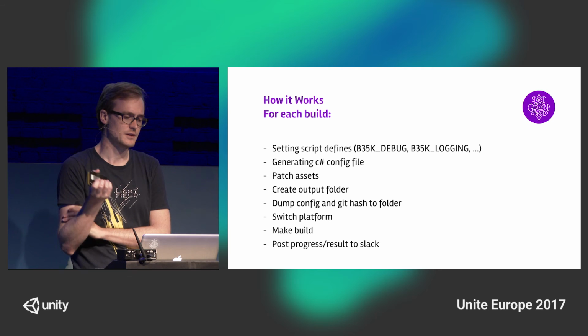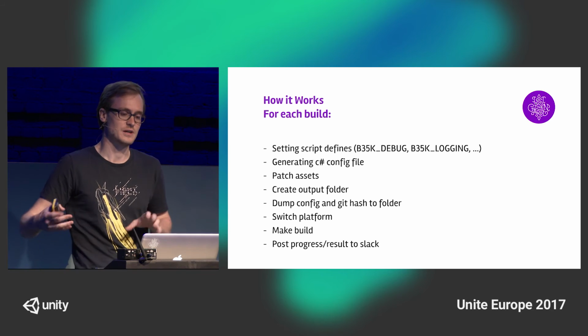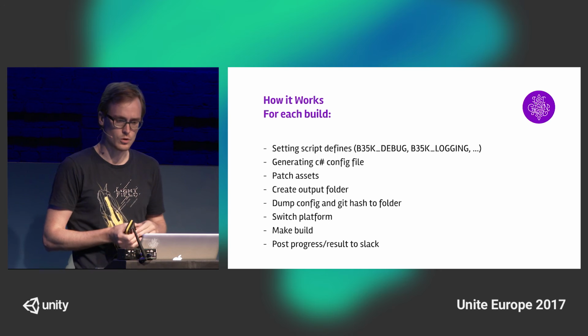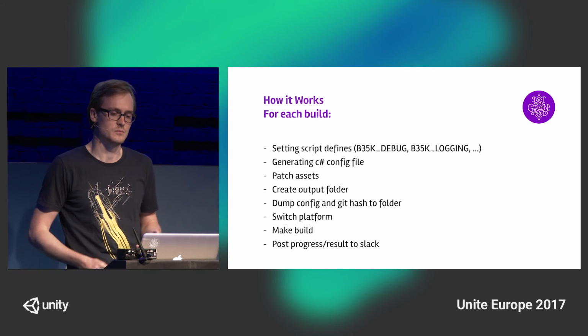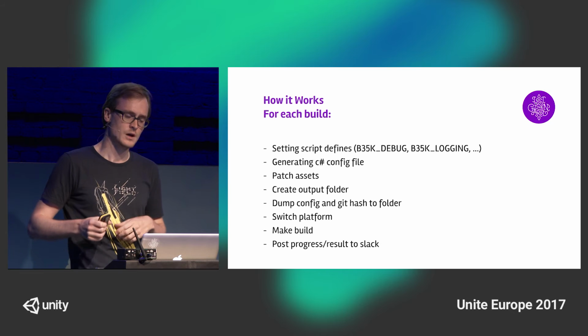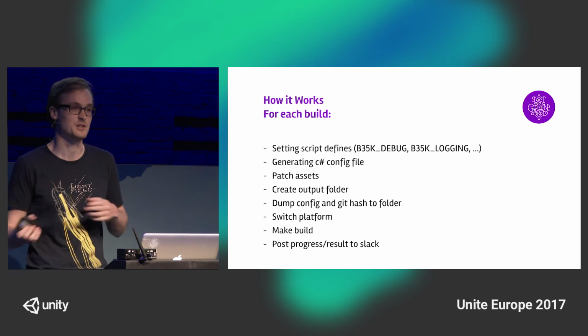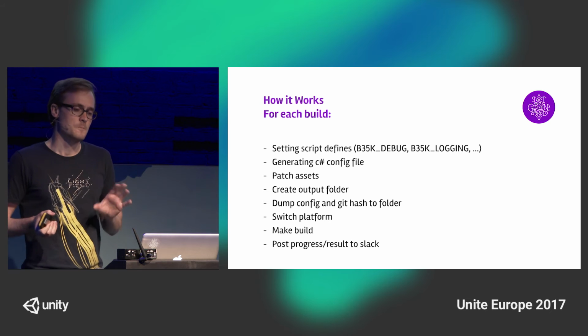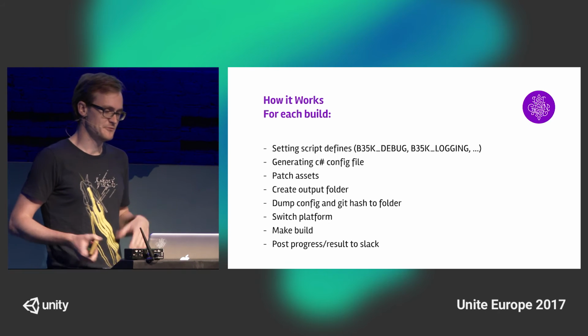And we also generate a C# config file, because that was the easiest way for us to transfer all the build config into the final game: just create a C# file that we can then use in the game. We use C# file generation at some other points, and it works okay. It has its drawbacks as well, but it's fairly easy to do.